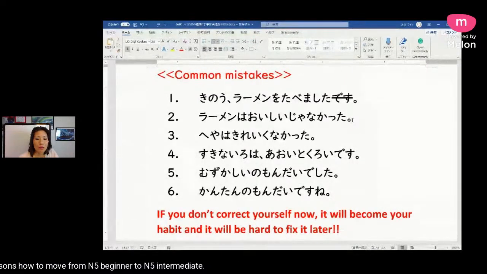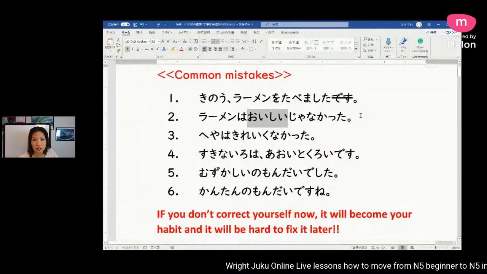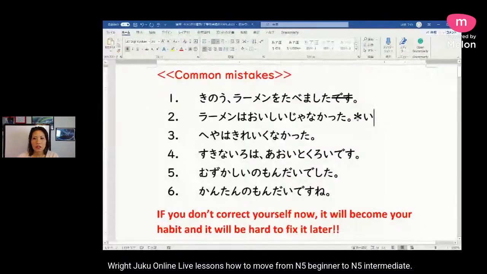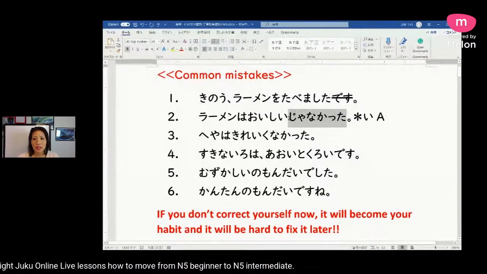Next one. ラーメンは美味しいじゃなかった。So 美味しい is an E adjective, not a na adjective. So you cannot use じゃなかった.